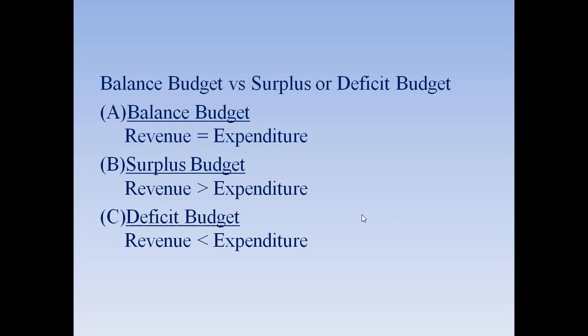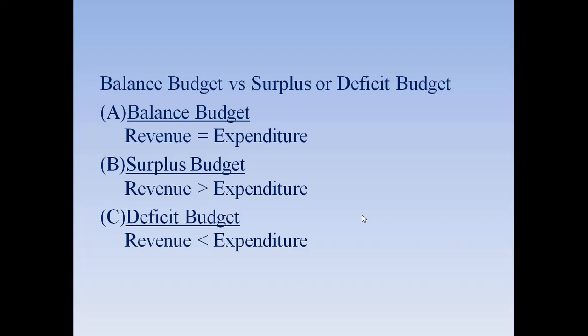Now coming back to this, the balanced budget versus the imbalanced budget. This imbalance can be of two types: one is surplus and the other one is deficit. Now what is a balanced budget? A balanced budget is when your revenue is equal to your expenditure.